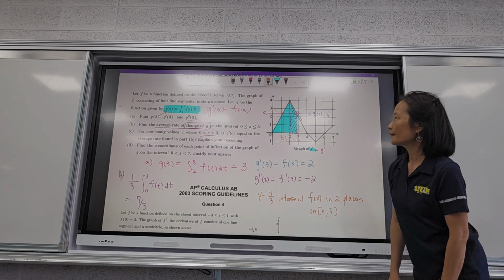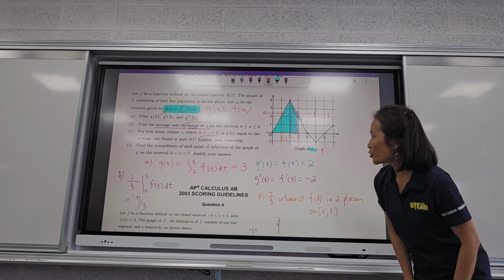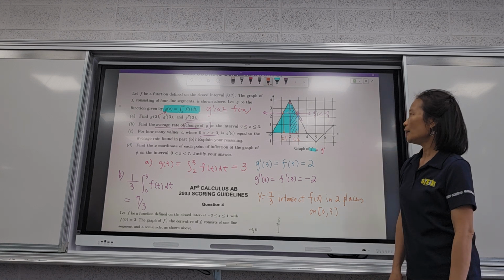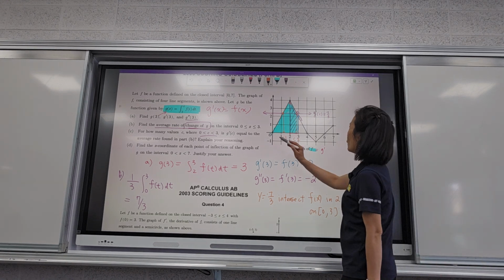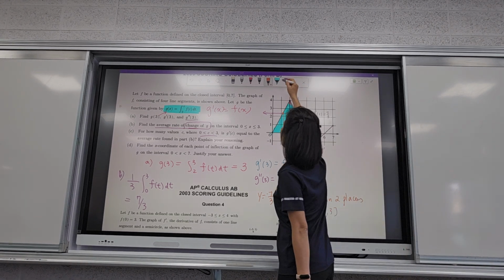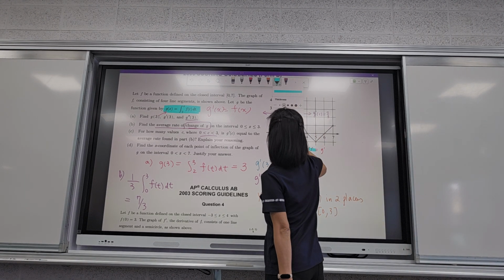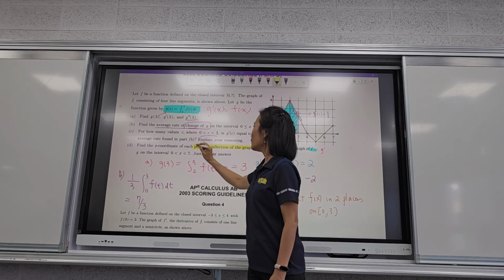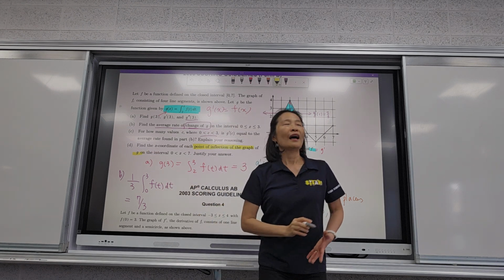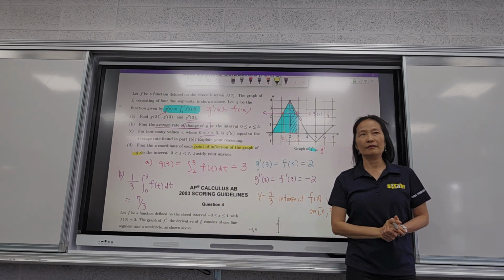All right? D, can you find the x coordinate of each point of inflection of the graph of g over the entire interval? Point of inflection of g. How can we find a point of inflection?